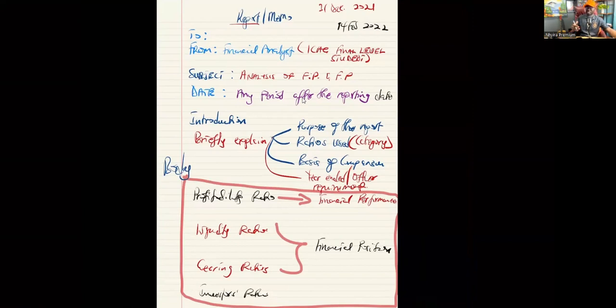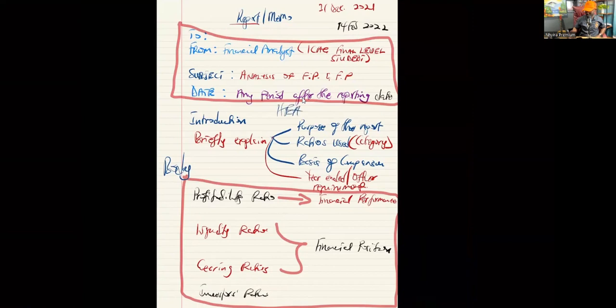But if the examiner just says analyze the financial performance or position, then there is no need for to, from, date, subject. All you will need is a heading. The heading will be analysis of financial performance and financial position.